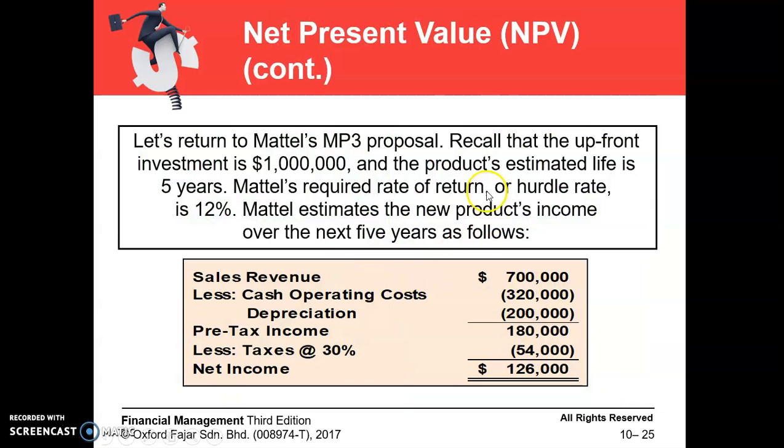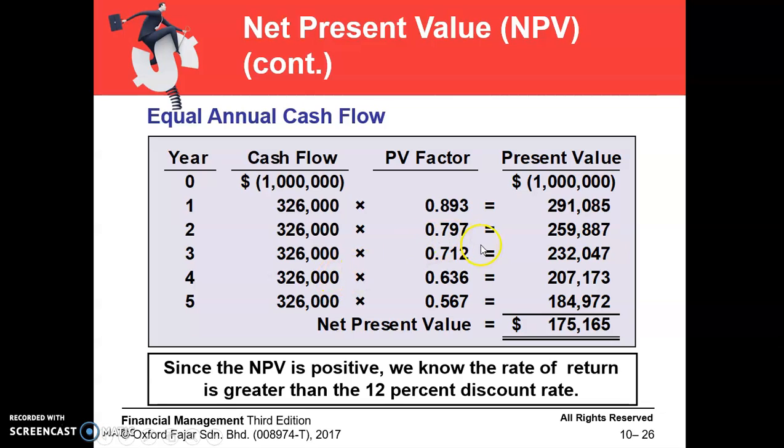Okay, net present value, example here is same lah, sama tadi, net income 126,000. Okay, but using net present value, you have the required rate of return, which is 12%. So, using the net present value, you can refer to the table. Okay, table time value of money kan. So 12% and then 1 year, we will get the PV factor.